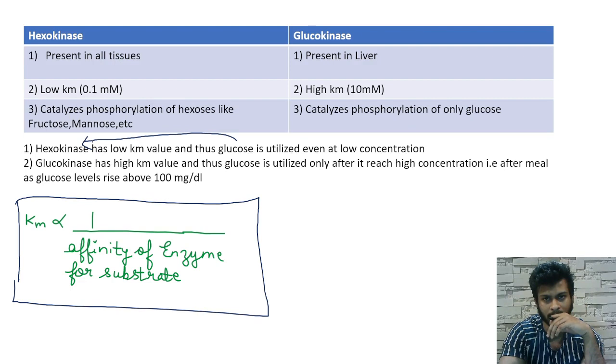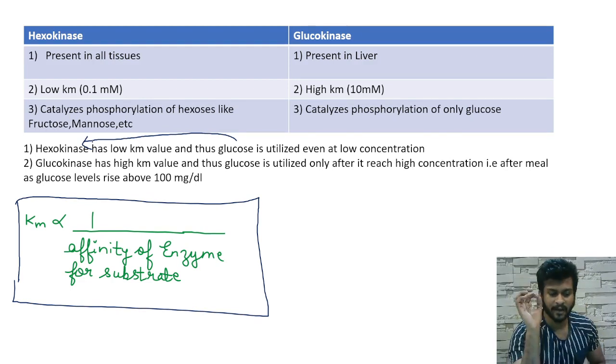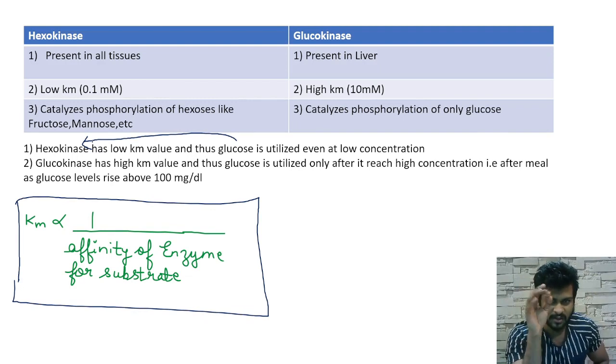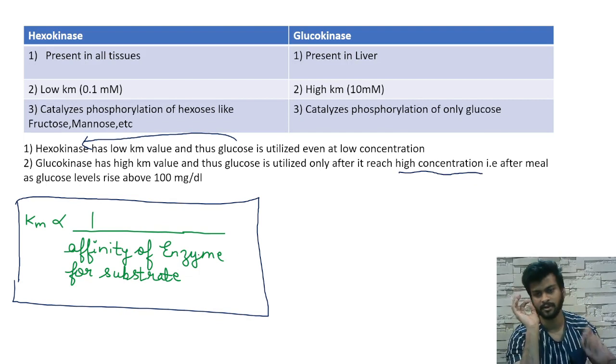Why does it need to be in higher concentration? Because the affinity of the enzyme towards the substrate is less, because the Km value of the enzyme is higher. So only when the substrate is in higher concentration can it bind with the enzyme.